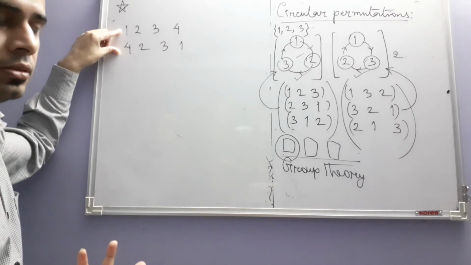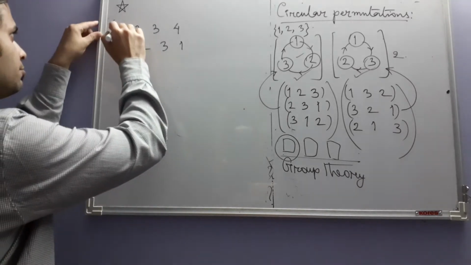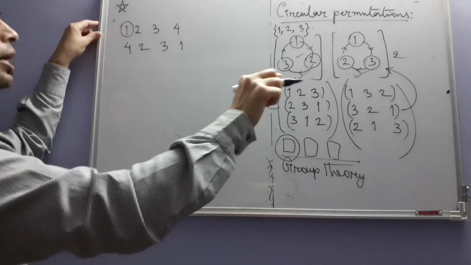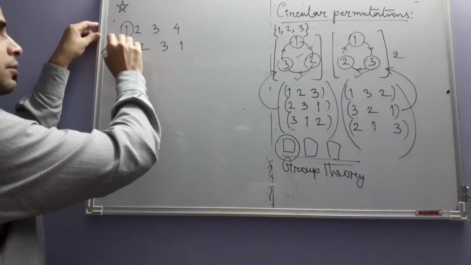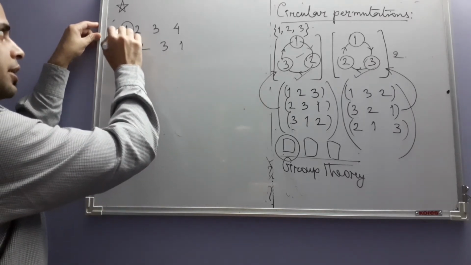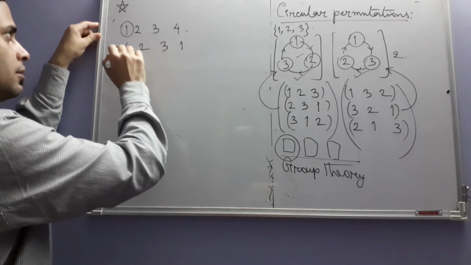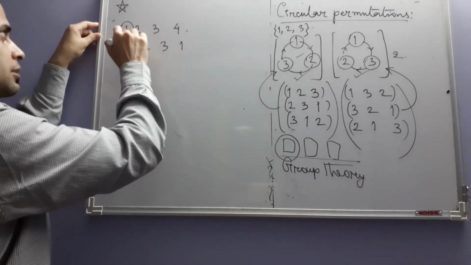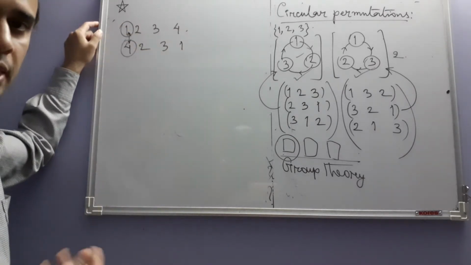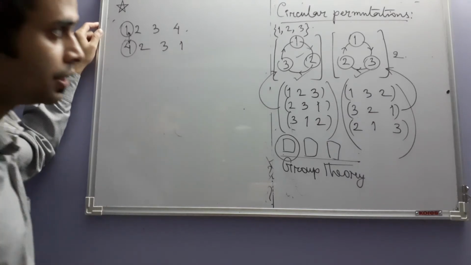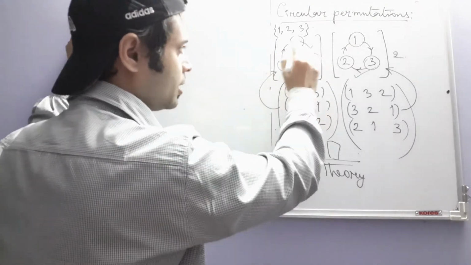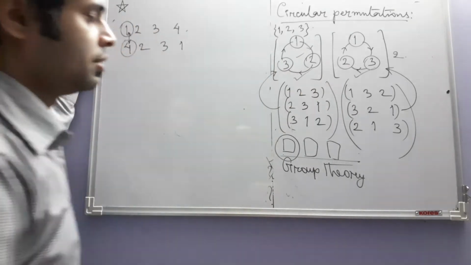Why? Because if we fix a direction, if we decide to read from left to right, then these objects are not matching. So they are different. Here also we have fixed a direction and then we have moved.